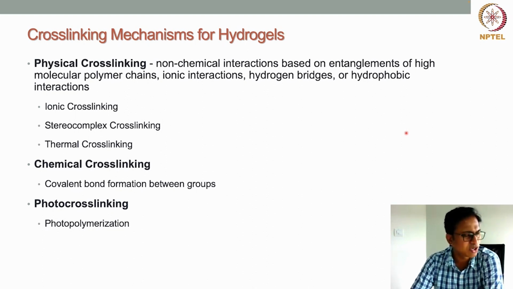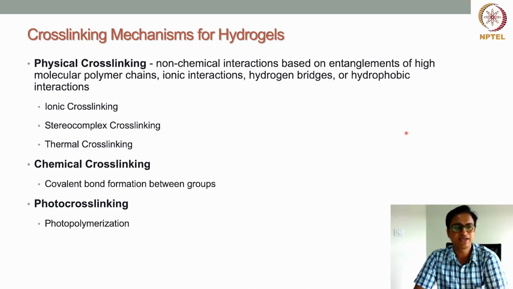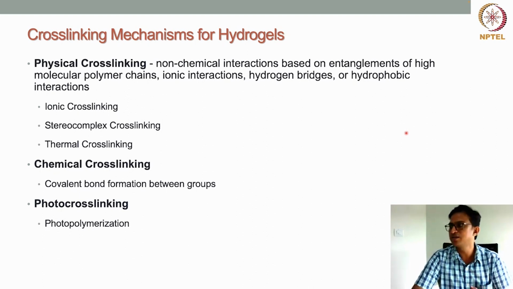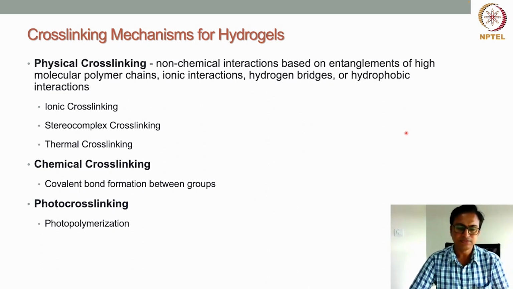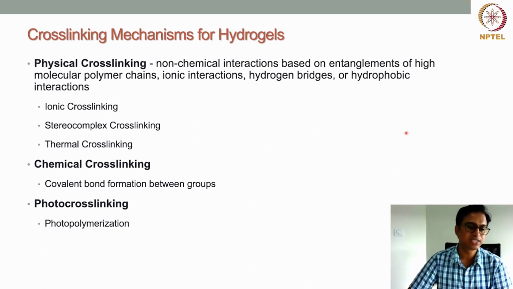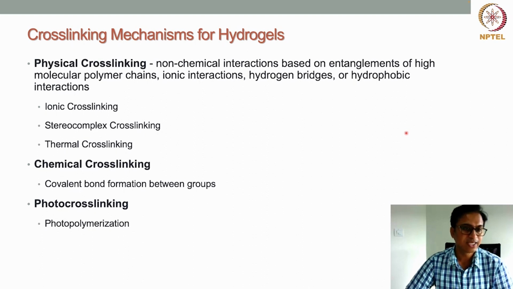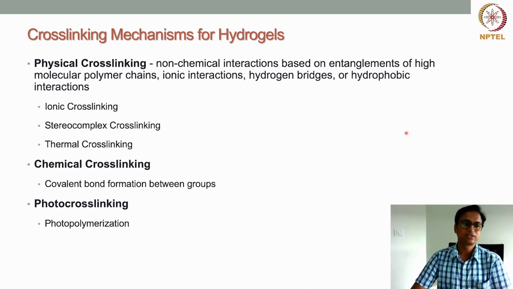So this physical cross-linking can again be divided into different types. It can be ionic cross-linking. Ionic cross-linking is typically where the polymer chains interact with other entities, either chemical entities or otherwise, by ionic means. That means there can be an ionic interaction between opposite charges, and then the cross-linking initiates. That is ionic cross-linking.